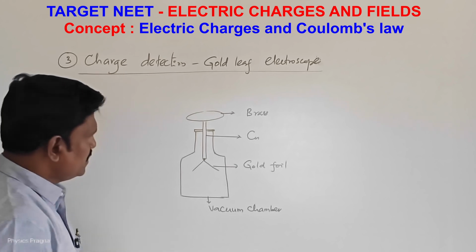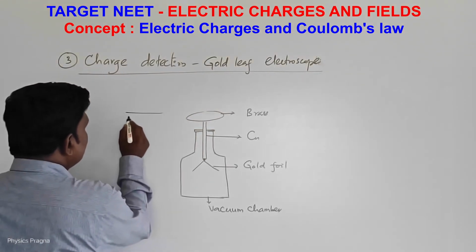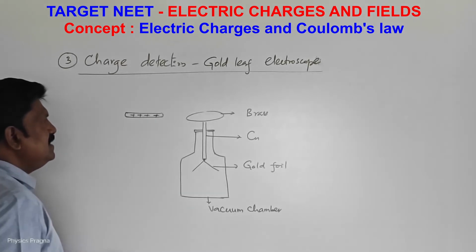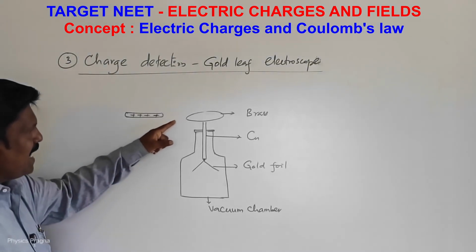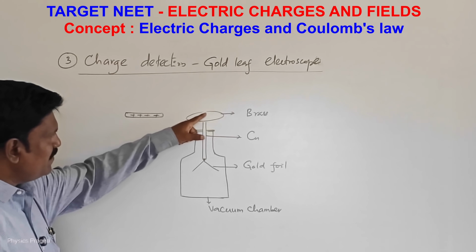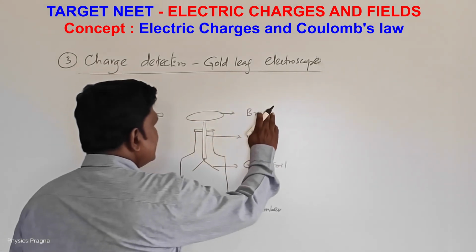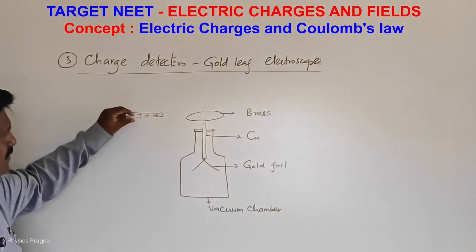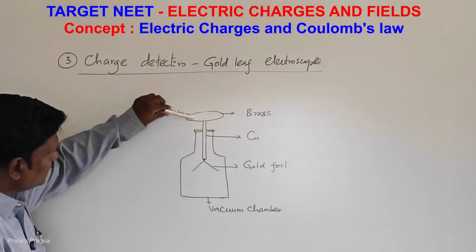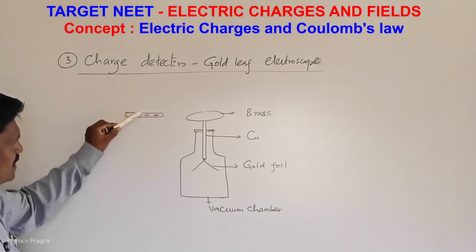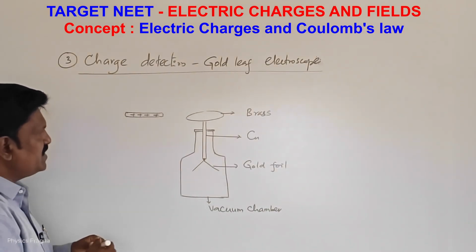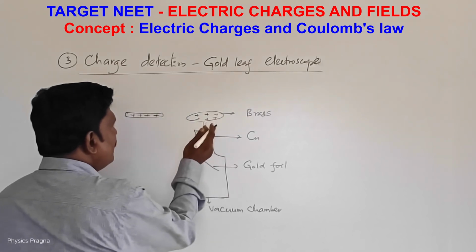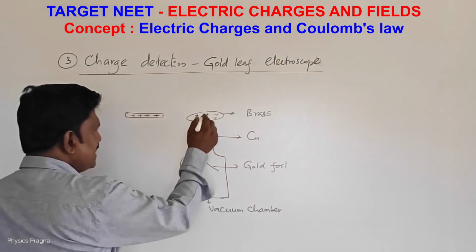Let us see how it works. I brought a positively charged body. This is a positively charged body. I touched this brass disc with this positive charge. Immediately, positive charges will be transferred to the brass disc.